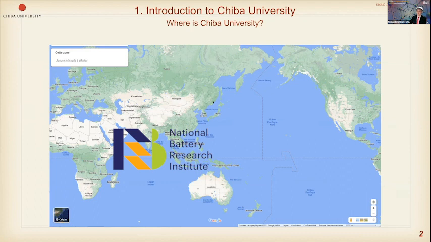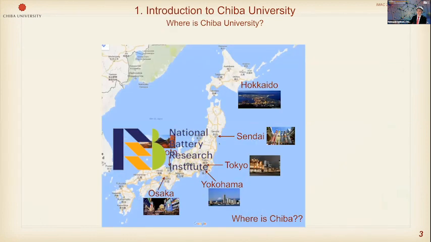Okay, move to Japan. The center of this map is Japan, and this is an expanded view of Japan. There are so many famous places like Kyoto, Osaka, Yokohama. Of course, Tokyo is the capital of Japan, and Sendai, Hokkaido. Hokkaido has very beautiful food and very beautiful nature, and Yokohama is the largest city, Osaka.